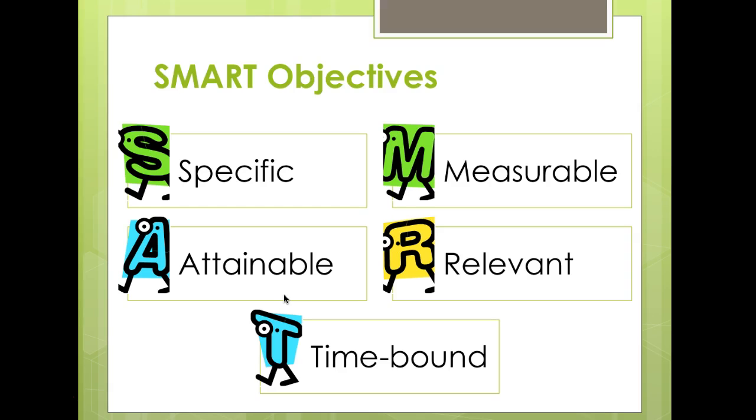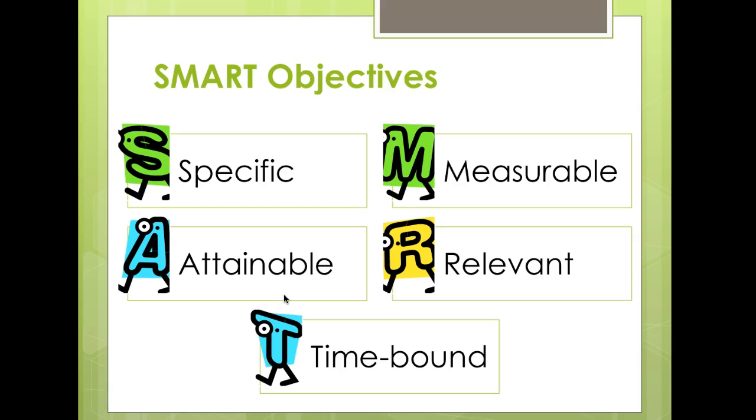So some of you have probably seen this, but this is the template that I use to look at how well your objectives are written. Are they specific? Are they measurable? Are they attainable? Are they relevant? And are they time-bound? Do they specifically give you an actionable item? Can you measure that action in some fashion with some kind of product? Is it attainable by the students?